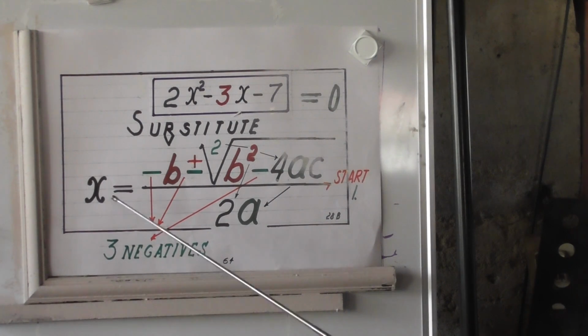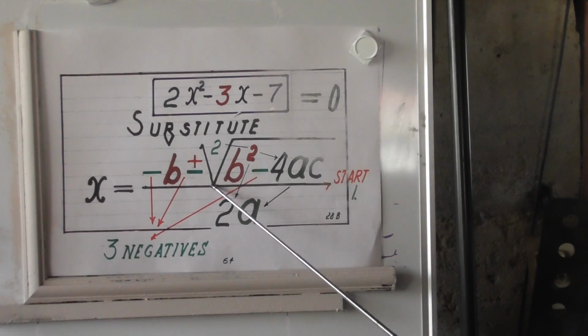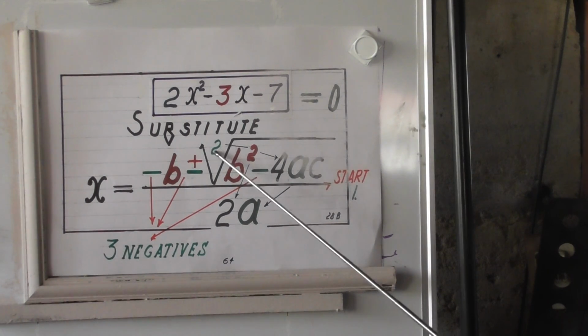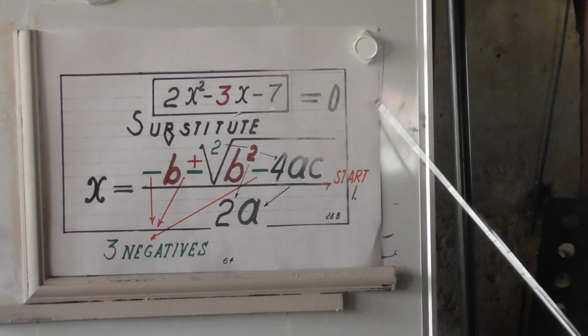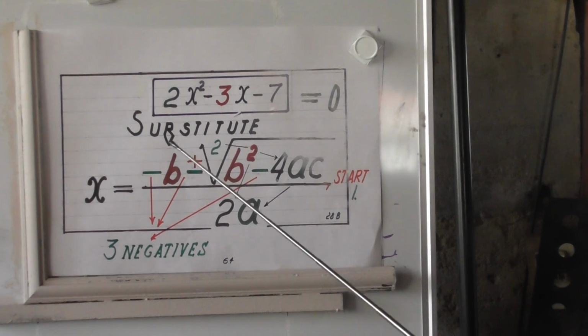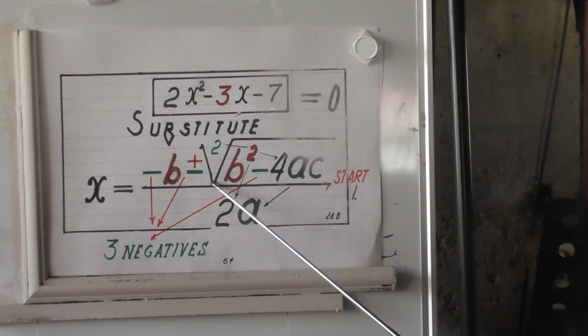Now, because we have x squared and we want to know what x is, of course there is a square root sign. The 2 is of course not mentioned, but this means square root.